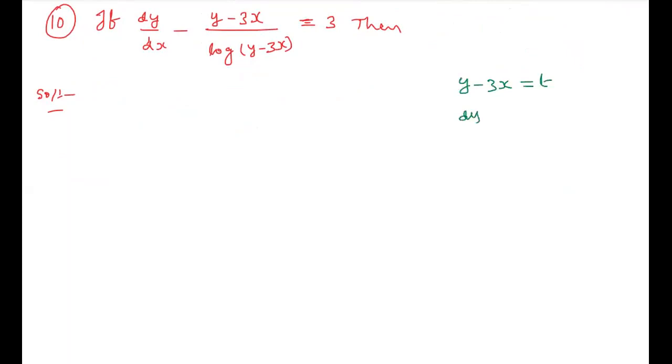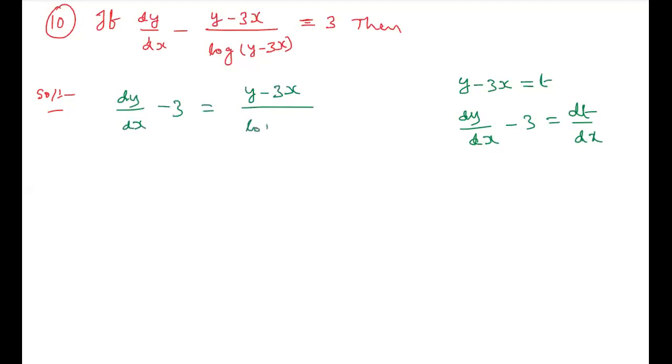Apply the derivative: dy/dx minus 3 is equal to dt/dx. Now dy/dx, the 3 on the right-hand side sent to the left, that is y minus 3x by log of y minus 3x. Now substitute dy/dx minus 3 as dt/dx, which is equal to t by log t.